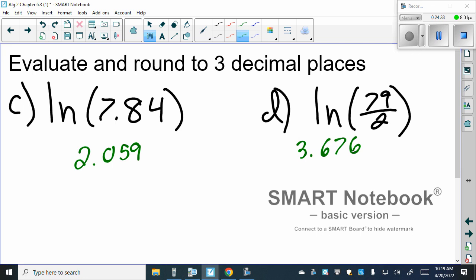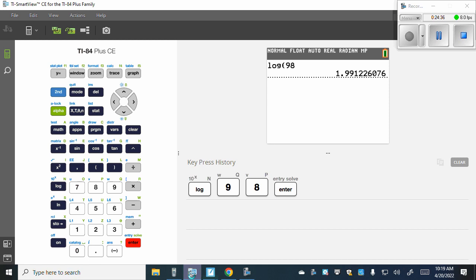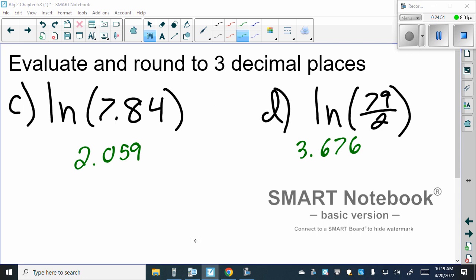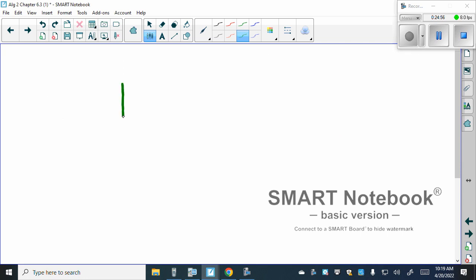There are some interesting ones, like, say, log of 1, or natural log of 1. Well, if we look at that, natural log of 1 we said is what? 0. What's this as an exponential? e to the what?